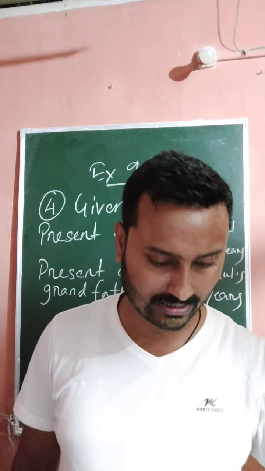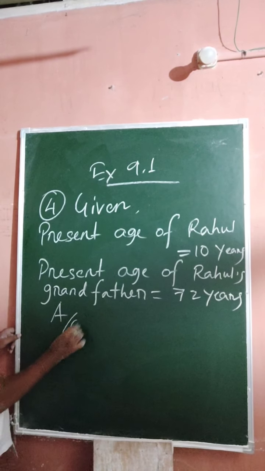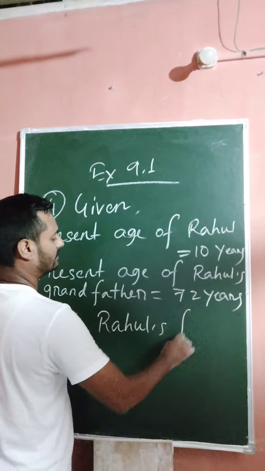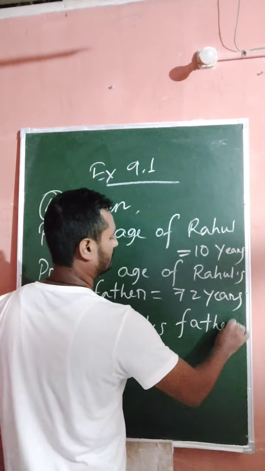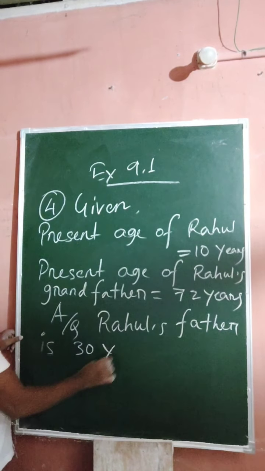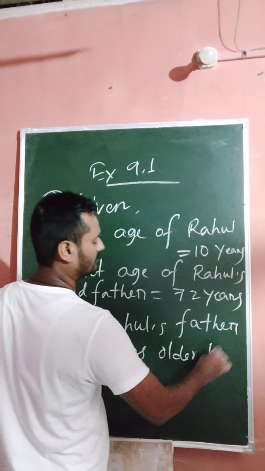Okay, so directly the age of Rahul's father is not given, so we have to write that. According to the question, Rahul's father is 30 years older than Rahul.